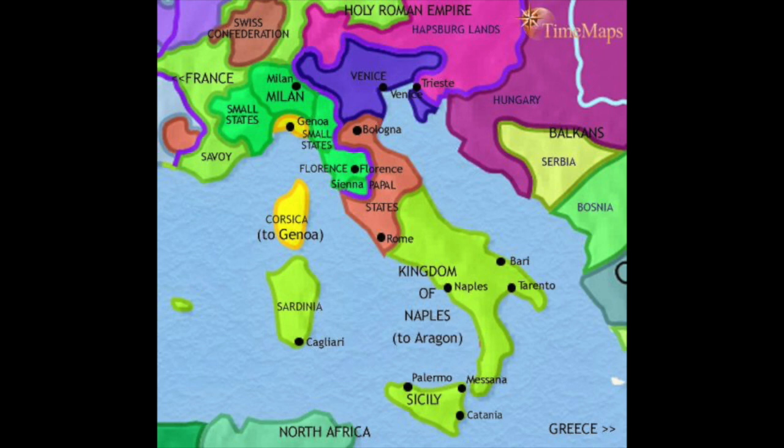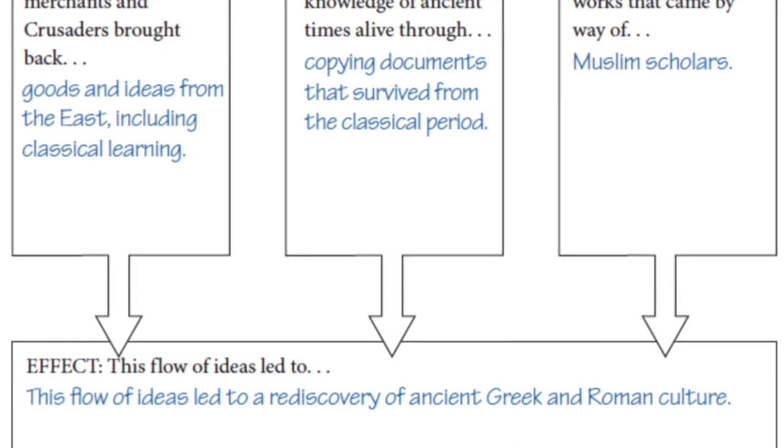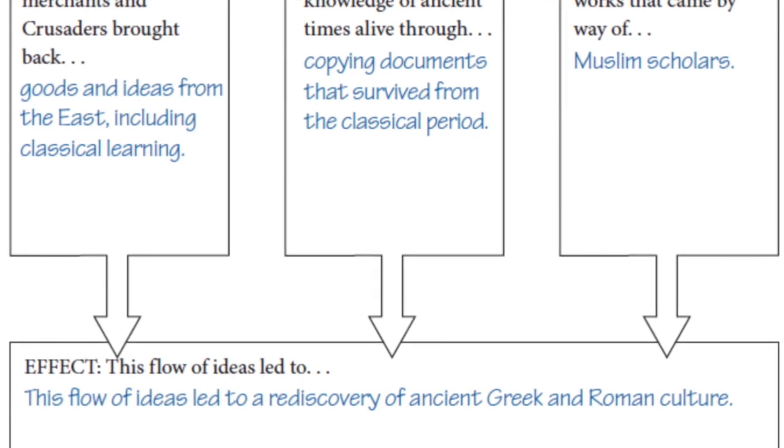It was in city-states, and those city-states traded with each other, and there was also trade when the Crusaders went to Jerusalem. So the first cause, as you can see there, is merchants and Crusaders brought back goods and ideas from the East, and part of that was classical learning.